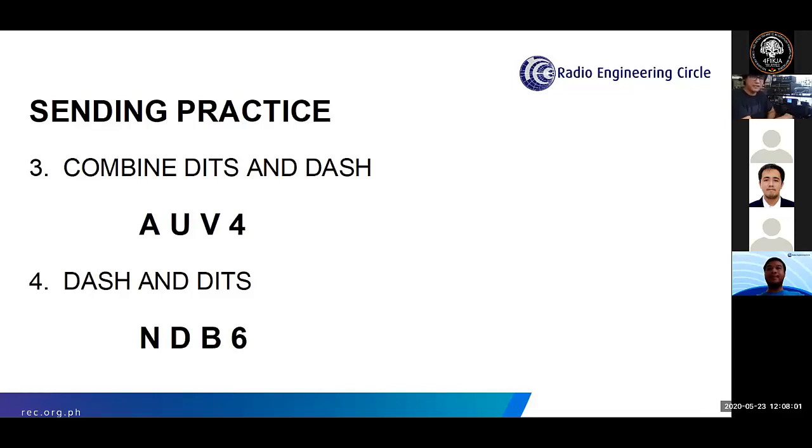so let's make it a little slower, no? Mahina tong volume nito. I hope you can hear me, no? You can hear the tone. Ulit. A. Mahirap mag-send ng mabagal eh. Tapos U. Yan ang U. B is 3 units of dit.